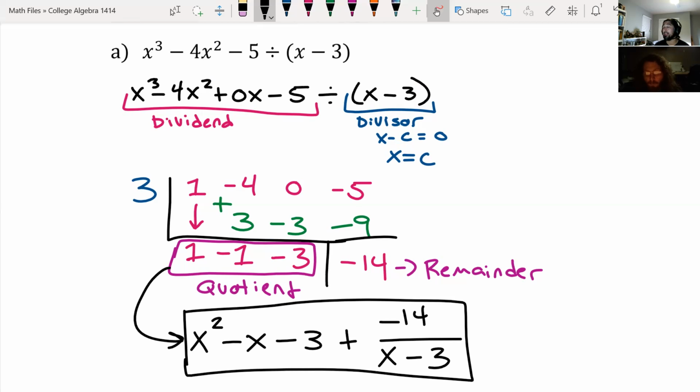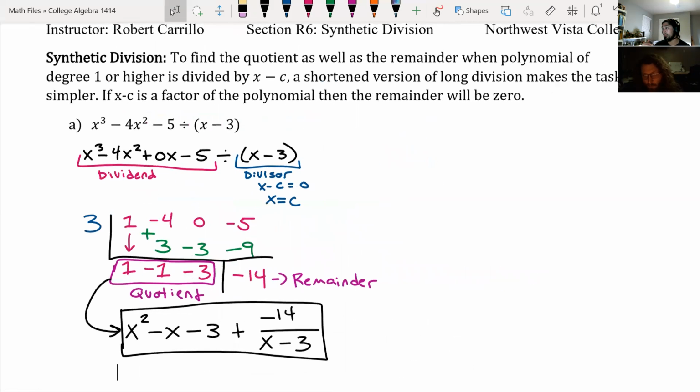Now, was that a lot faster than long division? Yes, for sure, right? So that's your setup. You only put the coefficients of the dividend, and then you only put the value of c as your divisor, and then you just have to rewrite whatever your quotient is plus your remainder.